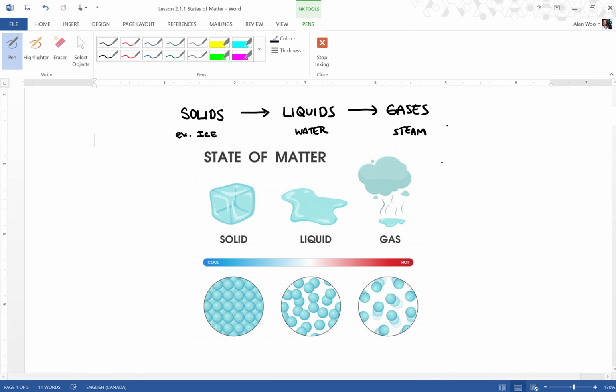It all equals water, as in H2O, or ice as in H2O, or steam as in H2O. They're all the same substance, just different phases. So there are different phases with different physical properties.